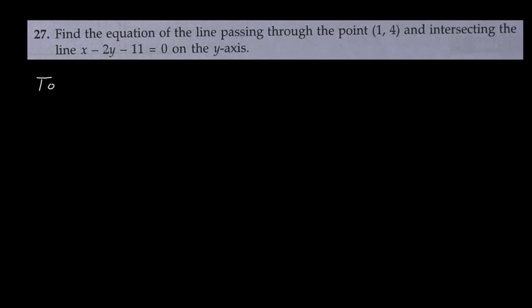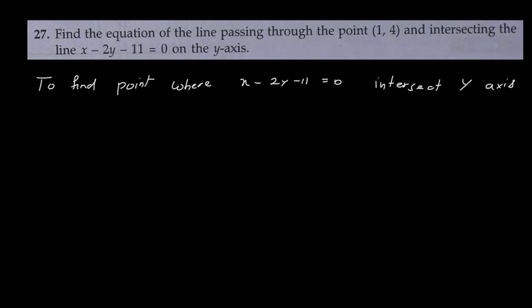So I will say that to find the point where x minus 2y minus 11 equal to 0 intersects the y-axis, we put x equal to 0.